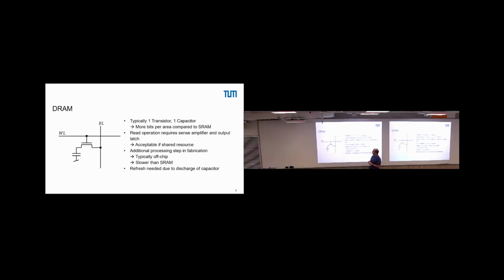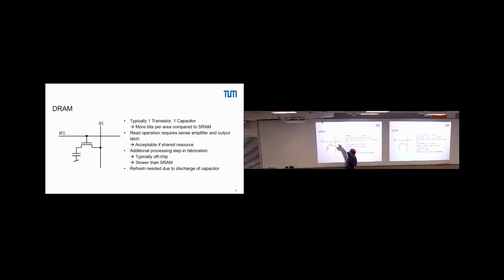So DRAM looks as follows. We have one transistor that is effectively a switch. So this here is virtually only a switch that we can switch on and off, and we have a capacitor. So how would the process of writing work? Let us assume we want to write a 1 to our memory.